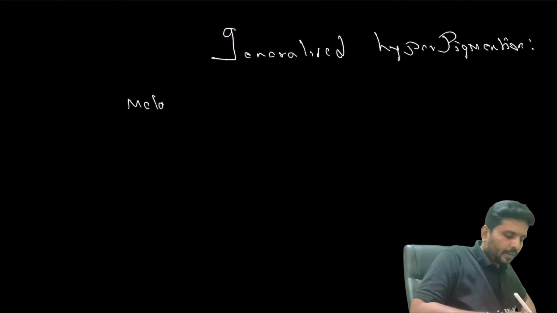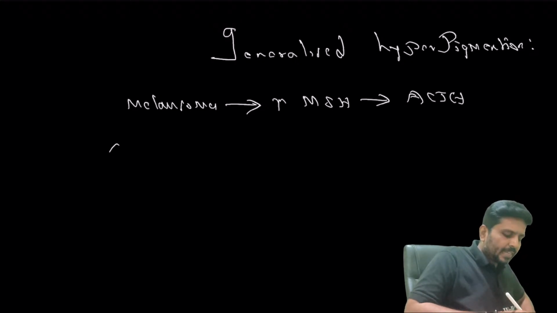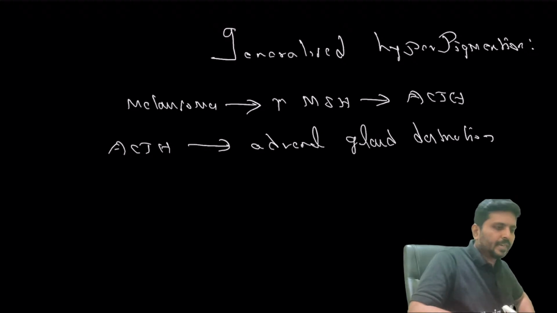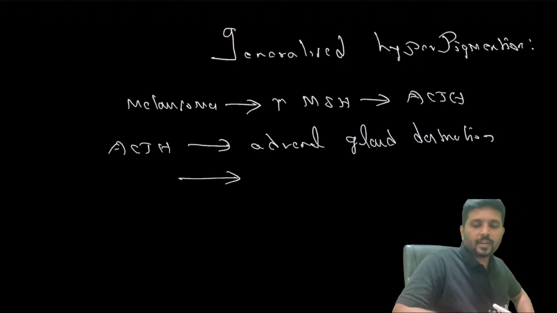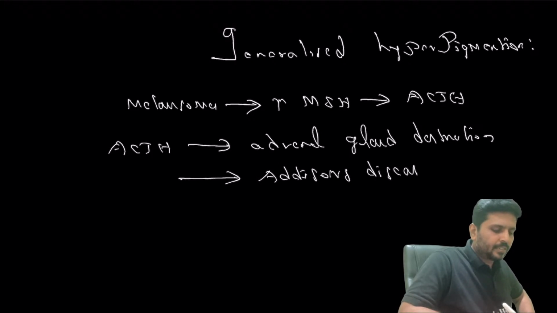Your melanosomes are stimulated by melanocyte stimulating hormone with the help of ACTH. ACTH will be elevated when there is adrenal gland destruction. This adrenal gland destruction is otherwise called Addison's disease.